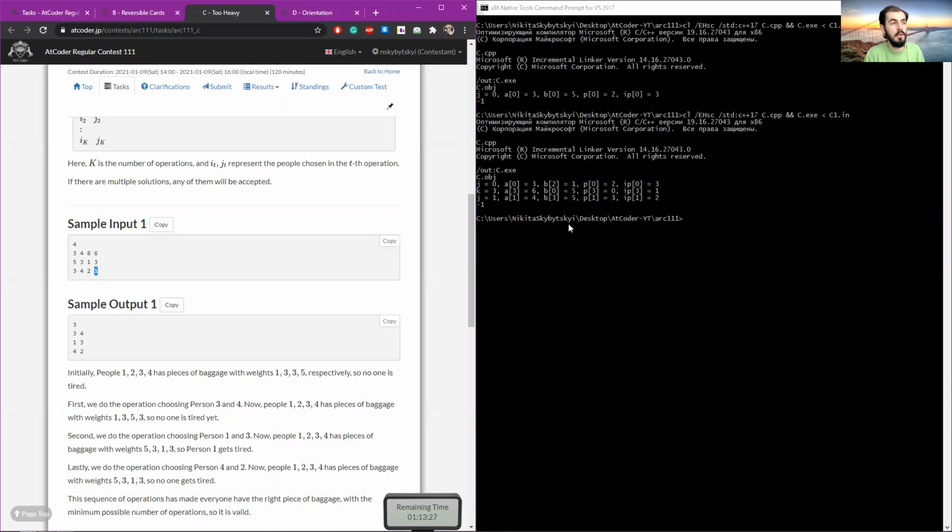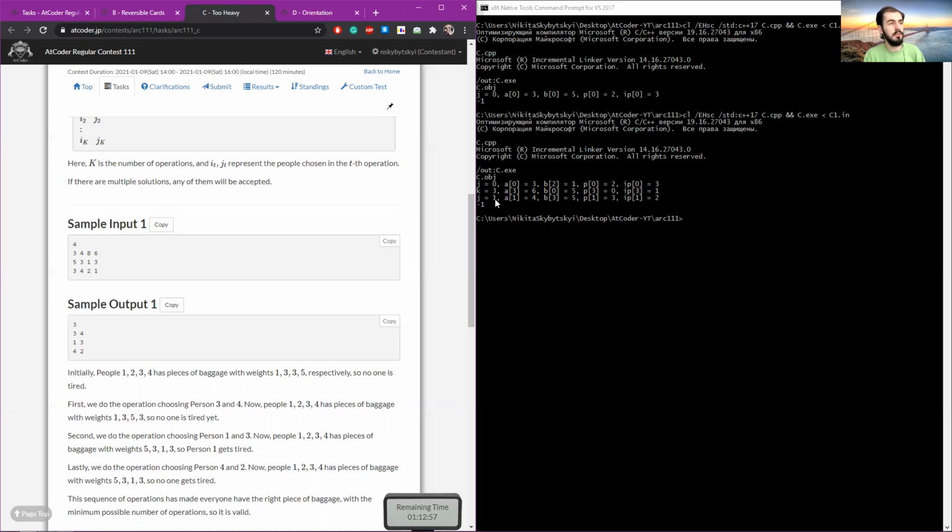And k gets 3, because inverse permutation 0 at 3 is currently 6. It holds baggage 5. P3, yes, it's correct. And its inverse permutation is 1. So we add a swap.